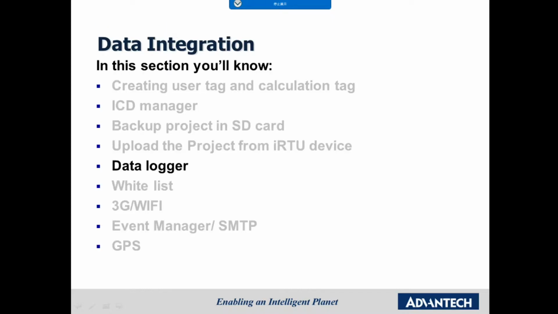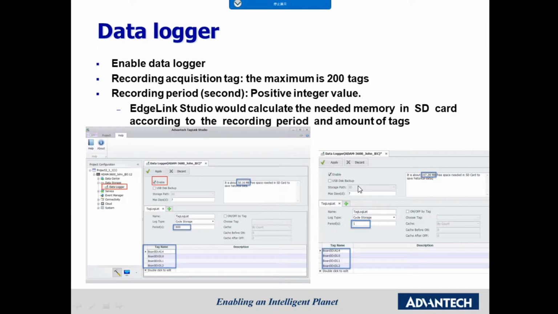Following, we introduce how to enable the data logger for recording. For the convenience of recording acquisition tag historical data, iRTU Studio provides a data logger configuration function. After enabling the data logger, users can select the acquisition tag, recording period, and maximum recording days according to the requirements.